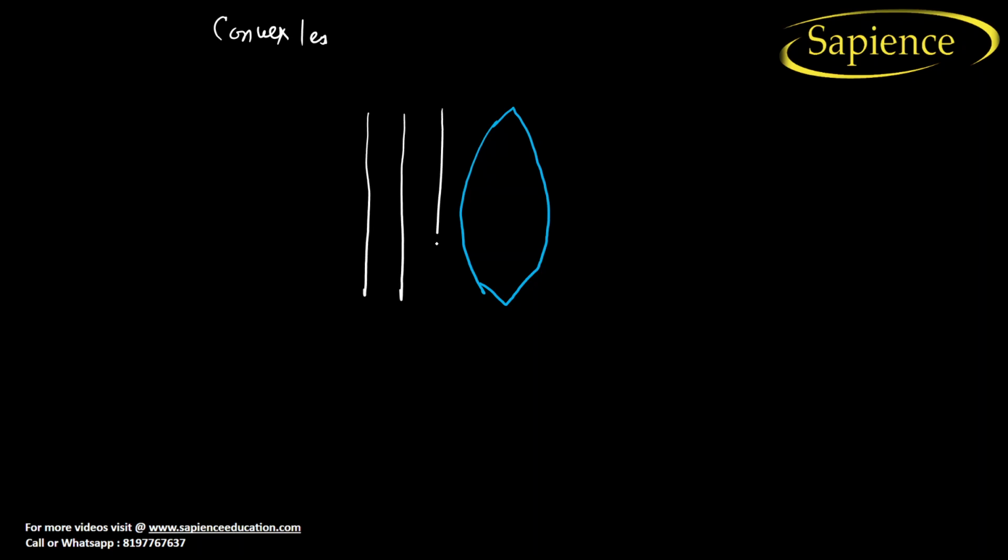So these are the light rays, like this. Now let us consider this is A, this is B, and this is C, got it?